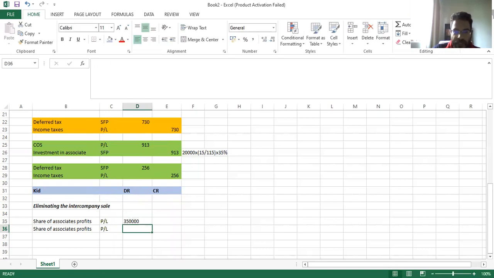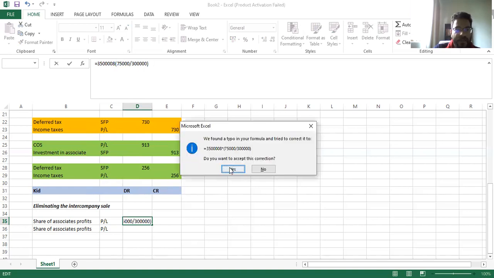We acquired 75,000 out of 300,000. How much is that? 25%. So what we'd have done is multiply by 75,000 divided by 300,000, which is 25%.